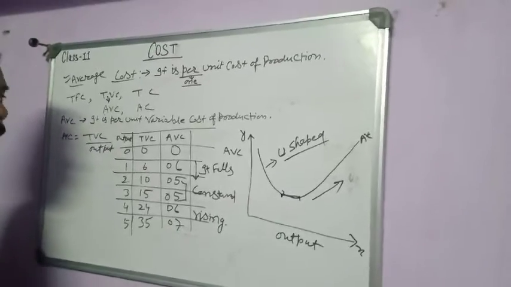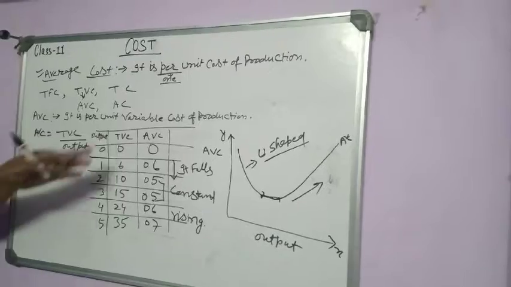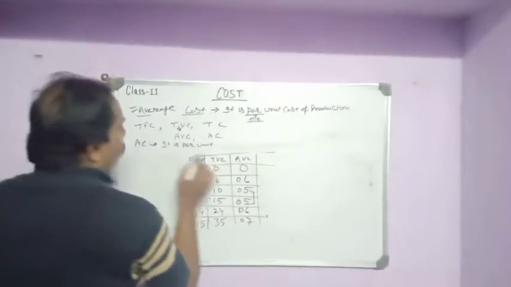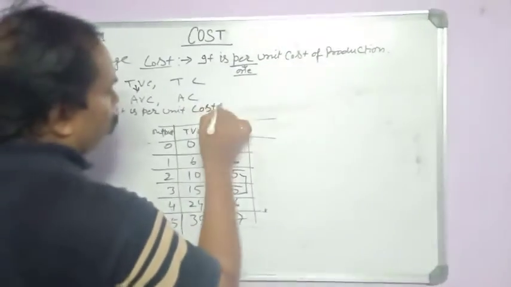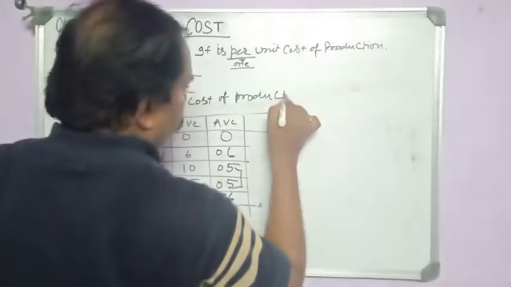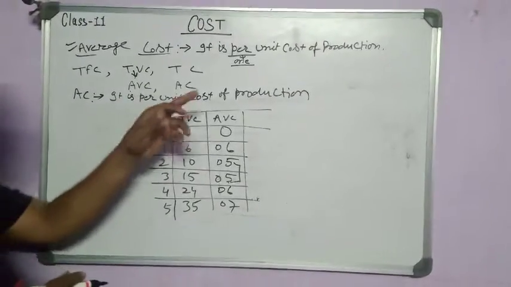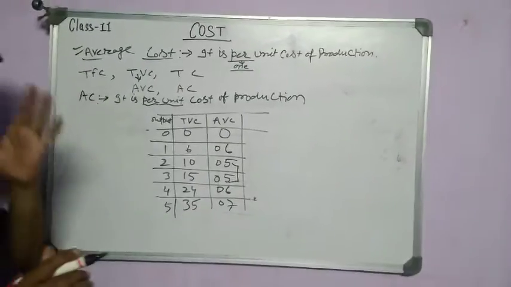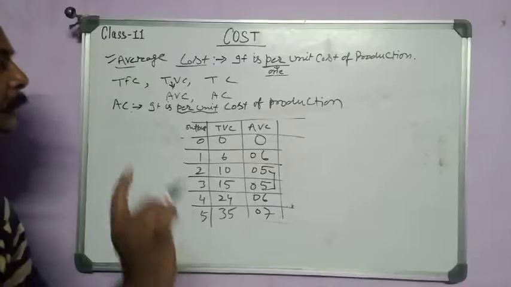Clear? Now come to the AC, that is known as average cost. It is denoted by AC. So our definition will be, it is the per unit cost of production. And we also say it is the per unit total cost of production, because per unit will indicate the cost of each unit.